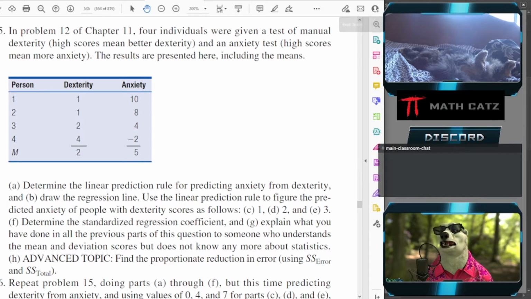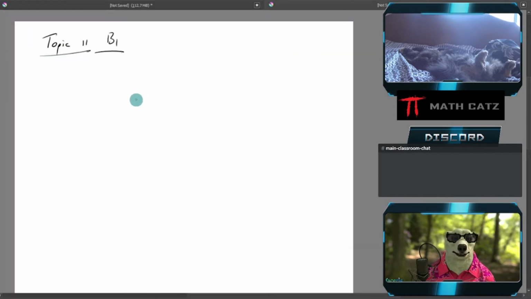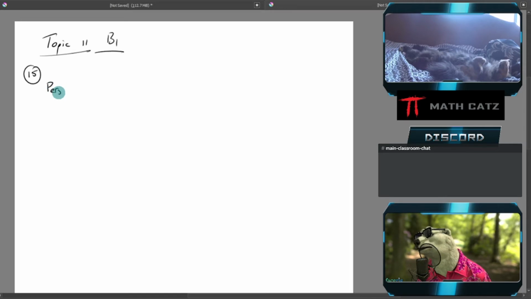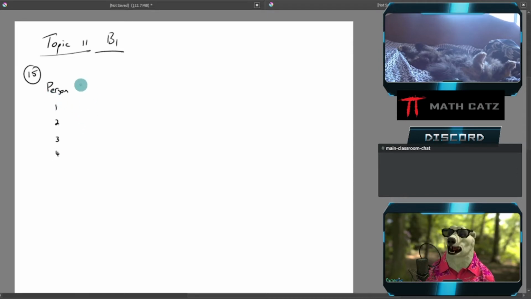All right, so let's start by writing down the number of each person: person 1, 2, 3, and 4. And I'm going to need some columns here.